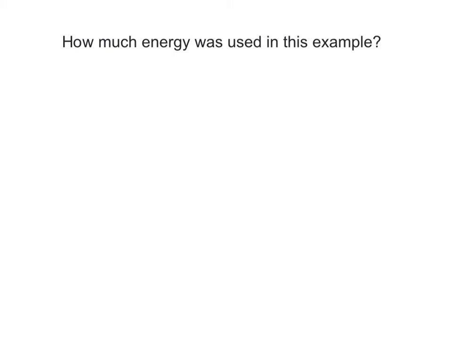So the question now is, how much energy was actually used in this example? Well, at some time in the future, we have 244 kilowatt hours of energy that's been used. And let me go back real quick.